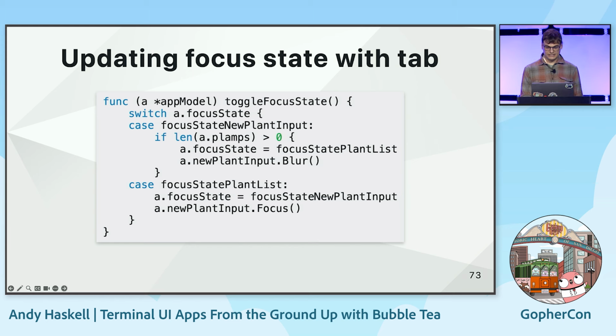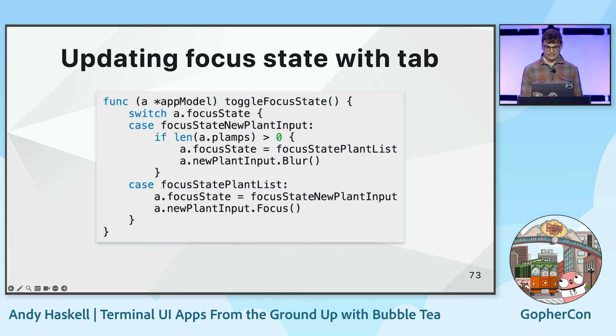A couple of lines in those switch statement cases that I really want to draw your attention to are the blur and focus methods on the text input component. These demonstrate another pattern that you'll see a lot of in Bubbles.